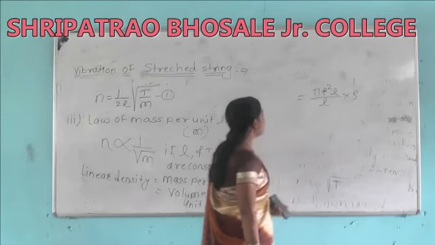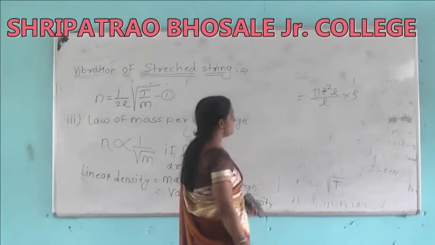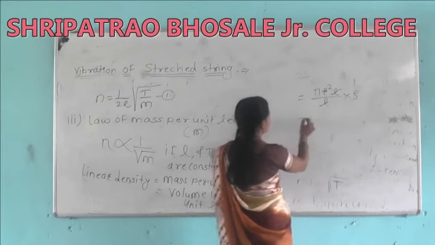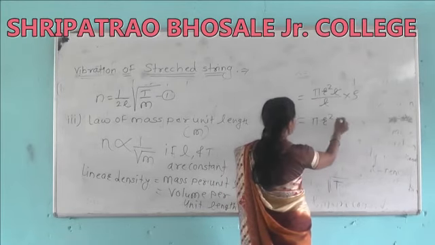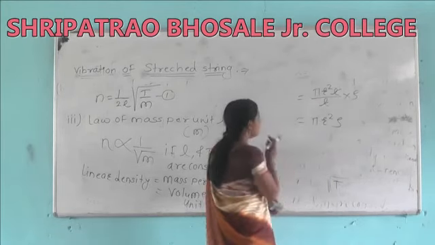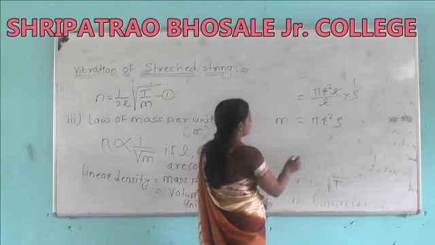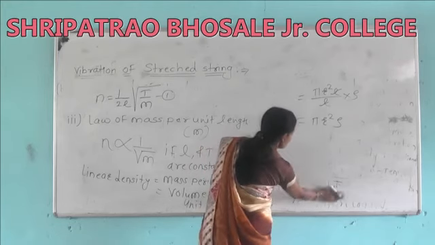The L cancels, and the remaining term is pi r square rho. Therefore, the linear density M is equal to pi r square rho.